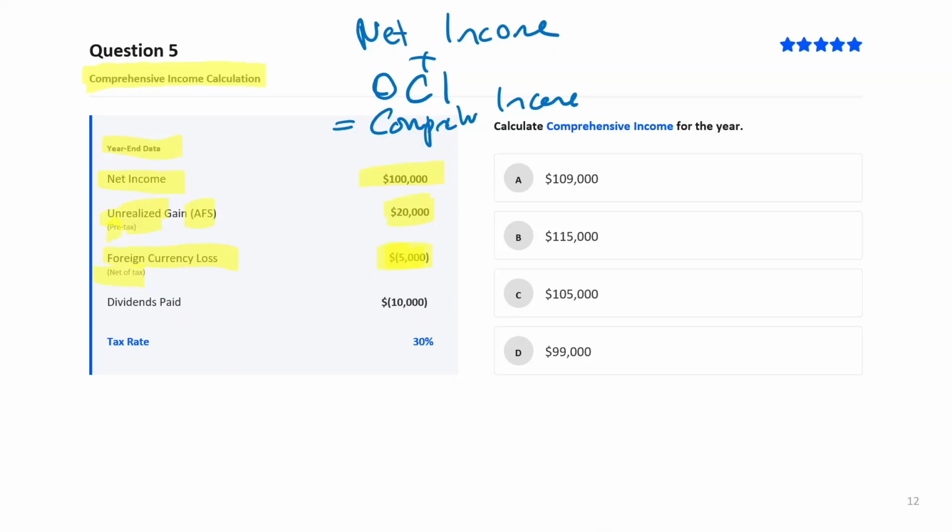Pay attention, they give us the pre-tax versus net of tax values. And we have information about dividends paid for $10,000, and the company's tax rate is 30%. Okay, so the question is calculation of comprehensive income for the year. Once you make your choice, let's go to the next slide and start doing this one step by step.